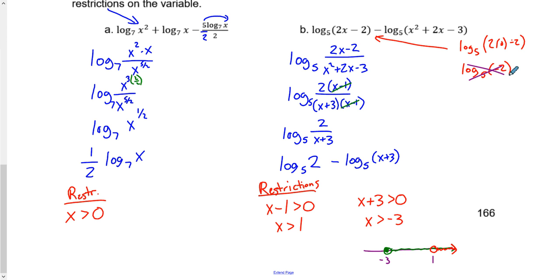You can't do that. 5 to the power of something will never give you -2. Which means the only restriction here that matters is this one. So I will expect you to circle that one.